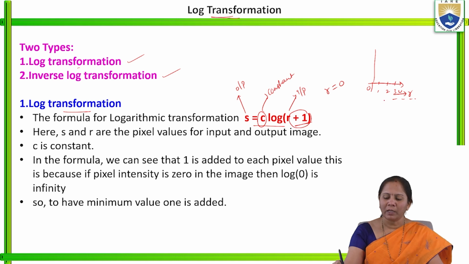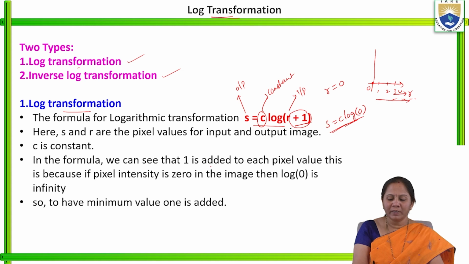If the value of R is other than 0, no problem. But if we start R from 0 and we don't add plus 1, we get S is equal to C log of 0, whose value is infinity.